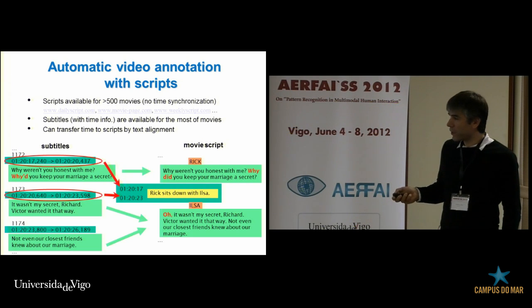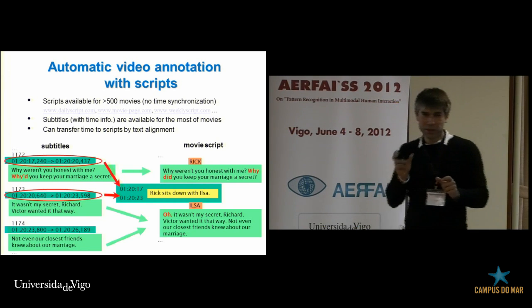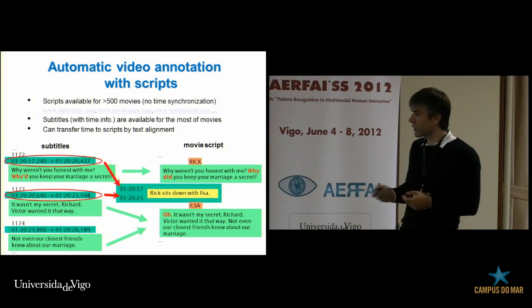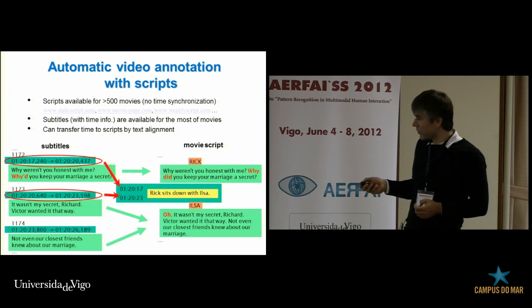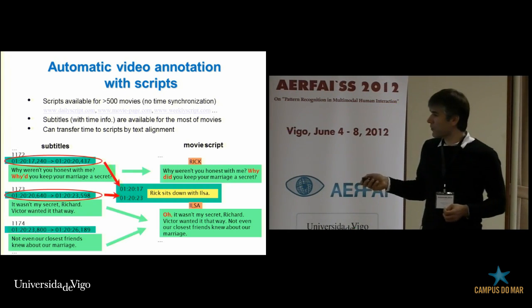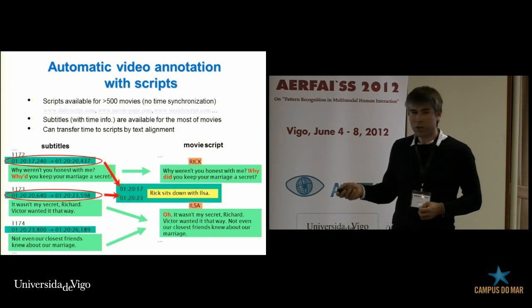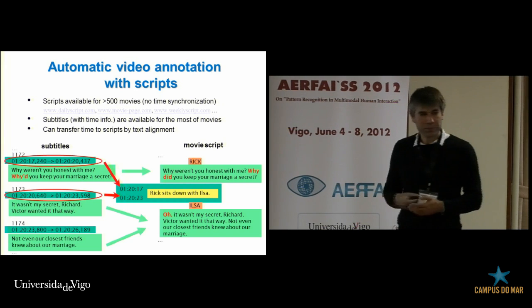The advantage is that subtitles do have timestamps, because they have to appear at the right time on the screen, so they are very well aligned with the video track. Scripts also have these parts of what people say, so we can text-align the subtitles and the script, and after alignment, transfer the time information to the scripts.